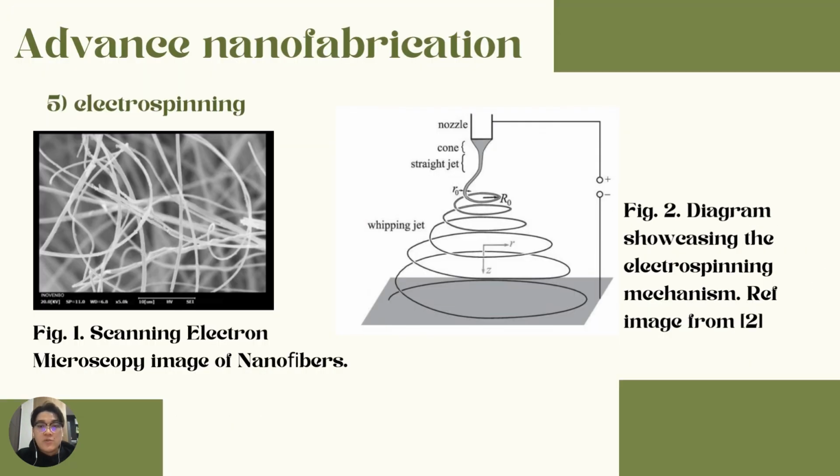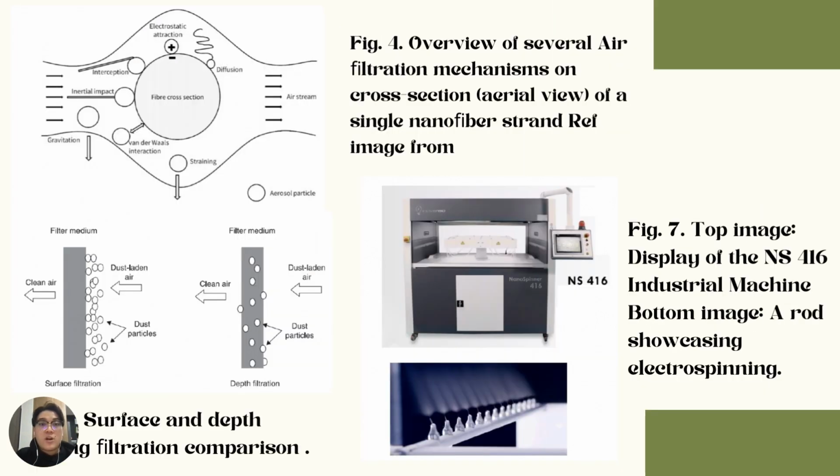From the picture, you can see figure 2. This is a diagram showcasing the electrospinning mechanism. And you can see from figure 4 the overview of several air filtration mechanisms in cross section. On the left, you can see the process of how we get clean air after we use the filter, where we have a filter medium that blocks off contaminants.